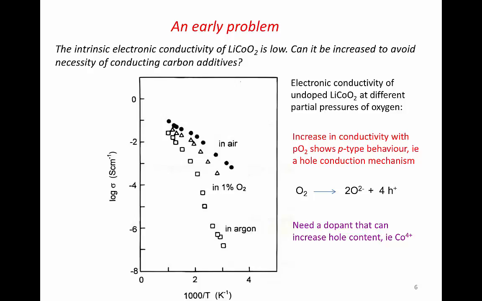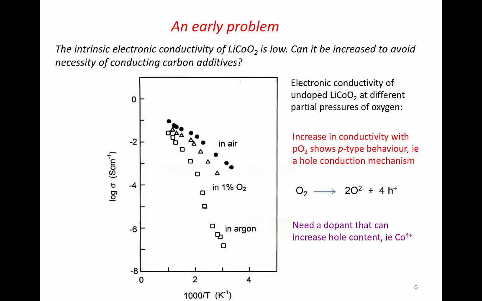And this tells us that because the conductivity is higher in an oxygen-rich atmosphere, the conducting mechanism is p-type, which means it's a hole conduction mechanism, because from the little equation on the right-hand side, oxygen goes to oxide ions plus holes for charge balance if we increase the oxygen partial pressure by changing from argon to air. So we are creating holes as oxygen absorbs on the surface of the sample, and those holes are what are responsible for the conductivity.